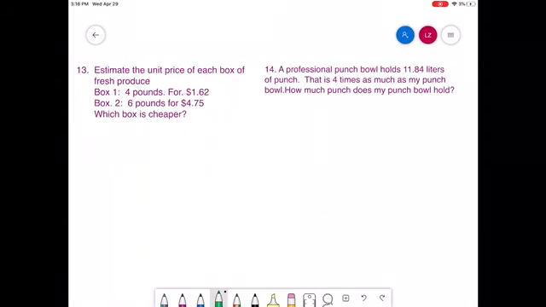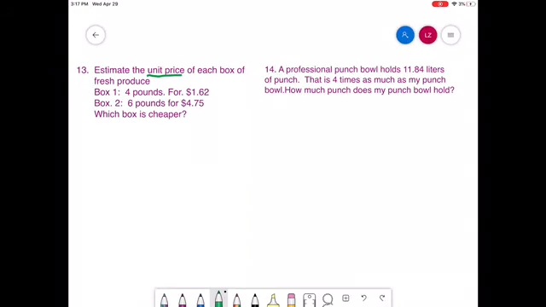Okay, let's move on to number 13. We have a story problem that says estimate the unit price of each box of produce. And when it says things like unit price, that means, for instance, in this problem, we have box number 1, and it says you get 4 pounds in the box. There's 4 pounds in the box, and you're paying $1.62.